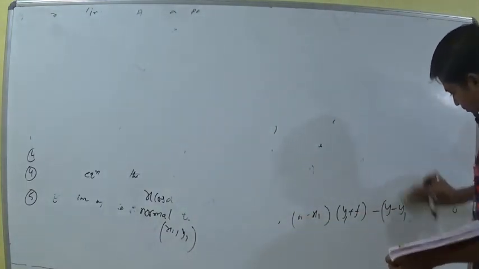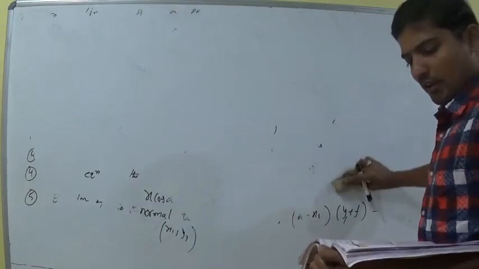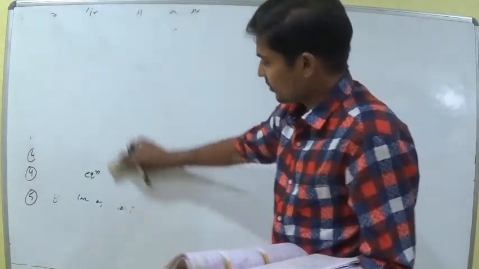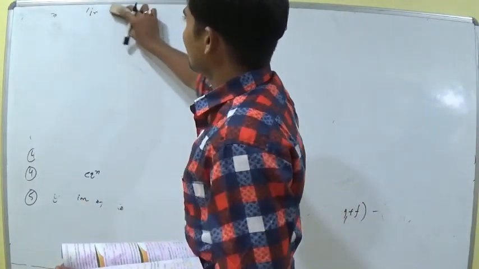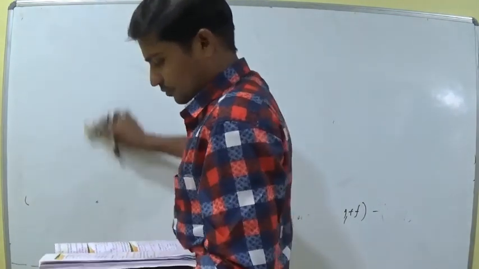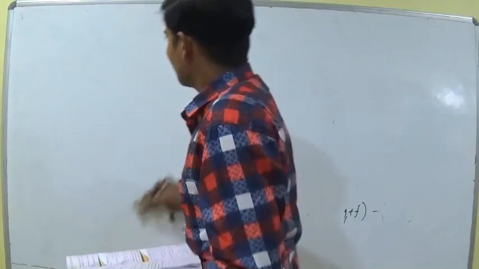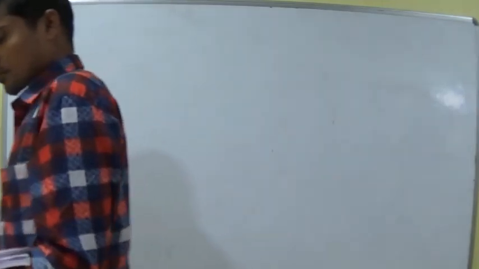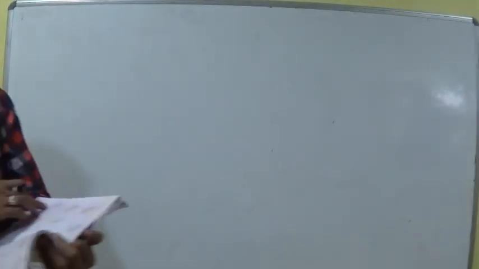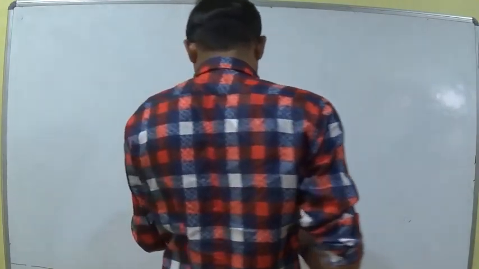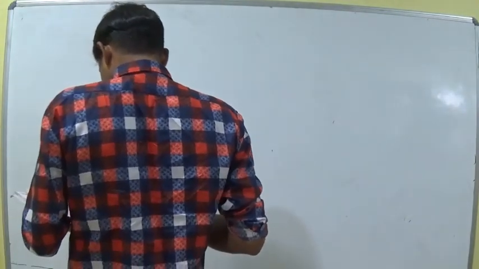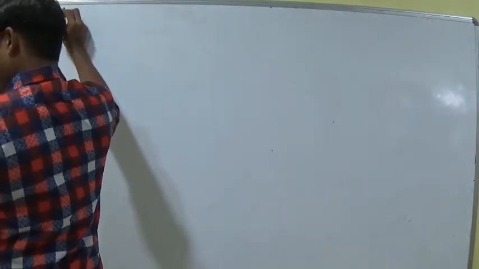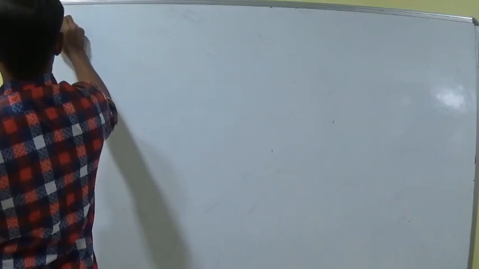First problem, the worksheet. The equation of the tangent to the circle x² + y² = 20 at (2, 4), which becomes a tangent, S1 = 0. First one, the equation of the tangent to the circle.